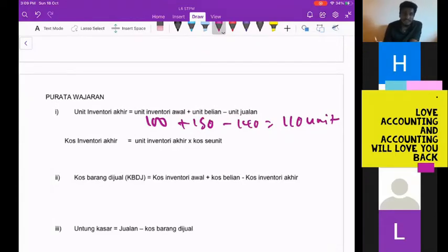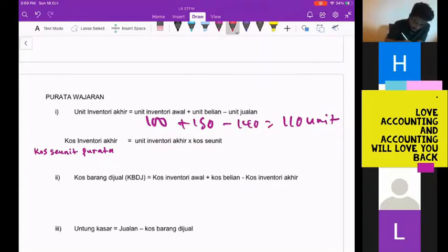For Purata Wajaran, you need to calculate the cost per unit purata. So how to calculate cost per unit purata? You need to calculate from the total.